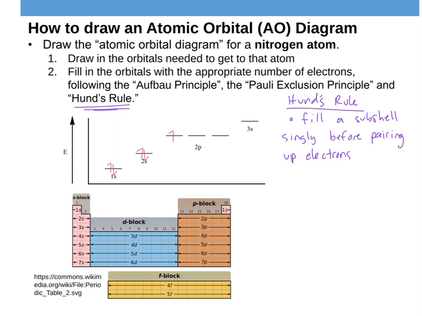So that means that I would go 1, and then I'd do this one singly, and that one singly, and if I had more, then I would go back and start pairing, and start pairing, and start pairing. So you'd fill it singly first before you start pairing.